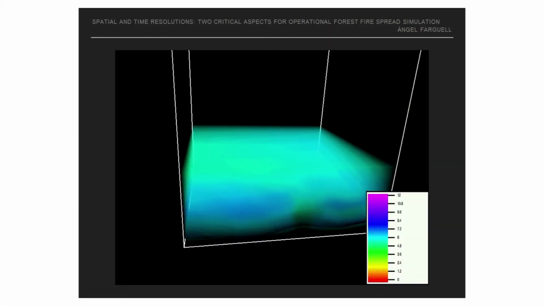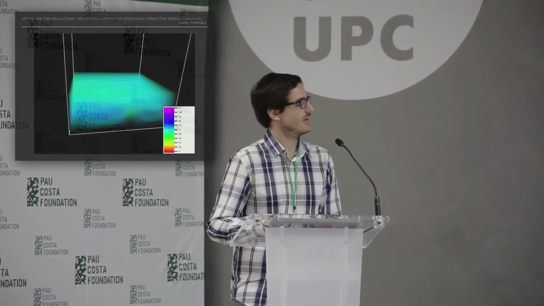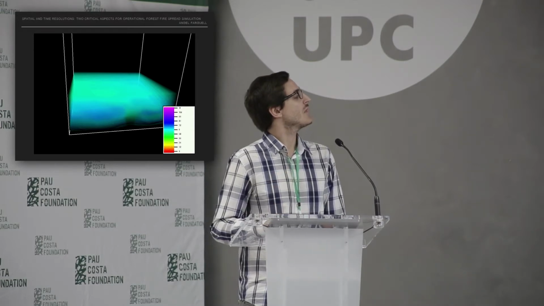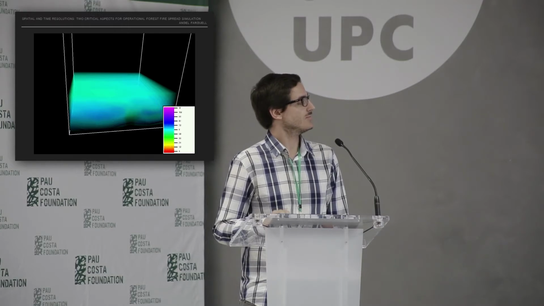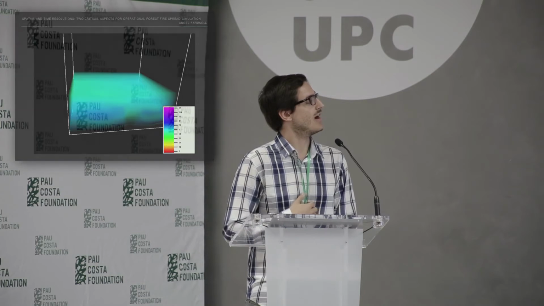But as I said, the time consumption goes up really fast. We can see that the difference between the last two cases is really huge. So we have to exploit our computer resources and parallel paradigms.